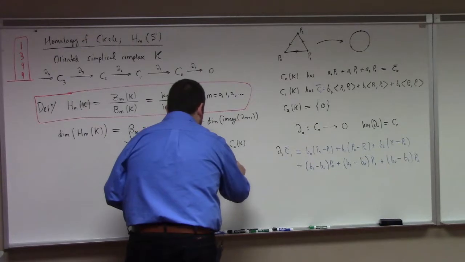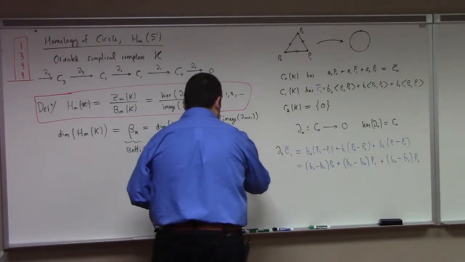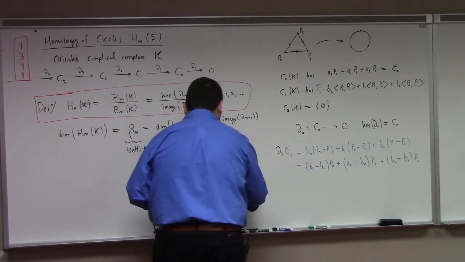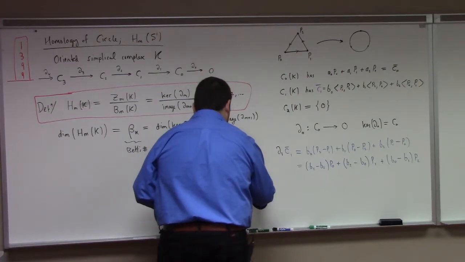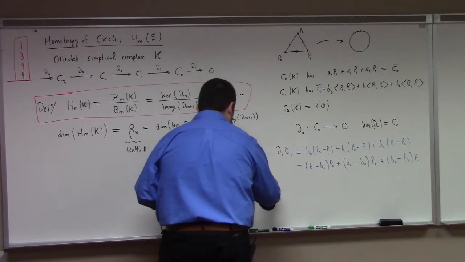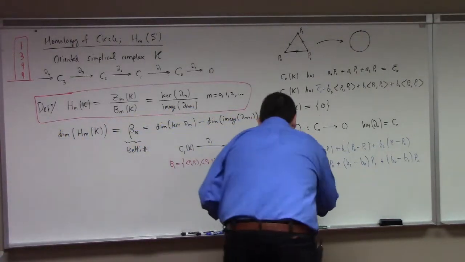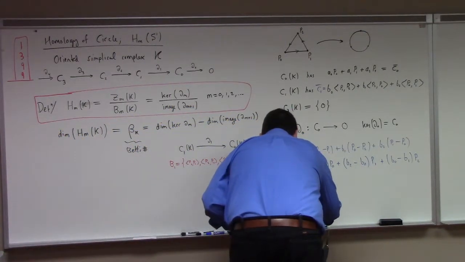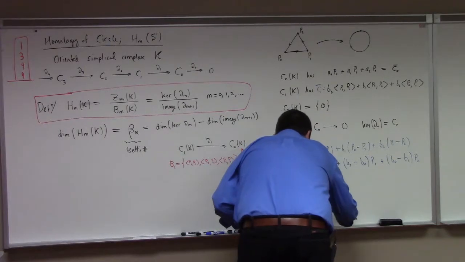That's the basis for the 1 chains, right? And C0 has basis, I'll say basis 0, formed by P0, P1, P2. So if I look at the matrix of the boundary 1 map with respect to the choice of basis beta 1 going to beta 0, then I can write down the matrix.